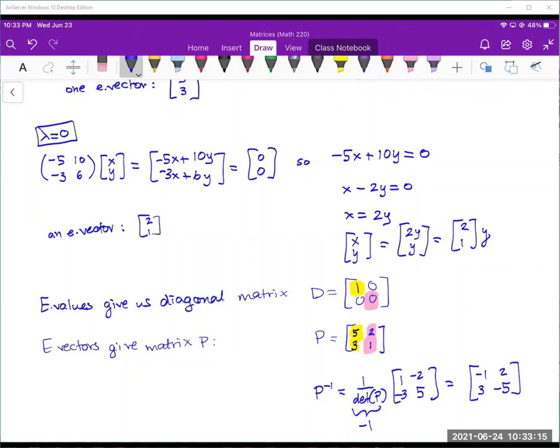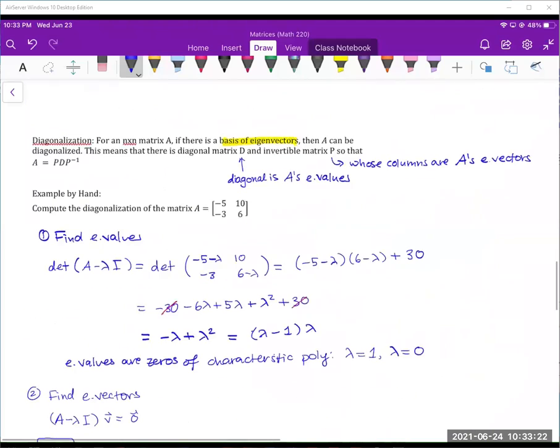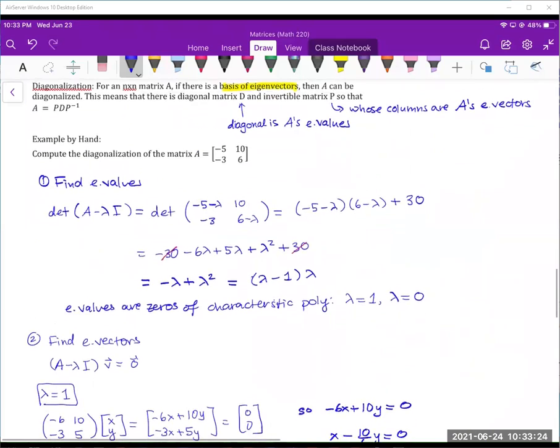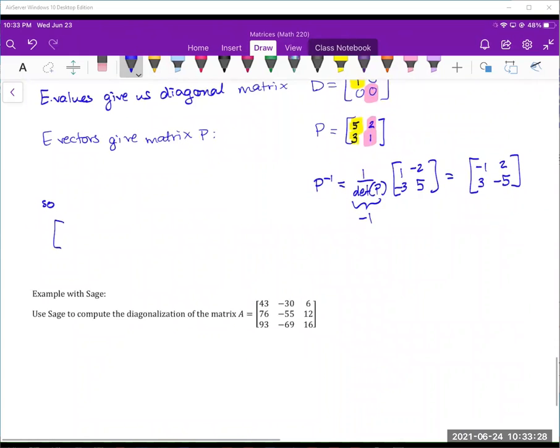And so we can write this matrix A, which was -5, 10, -3, 6, as this product.